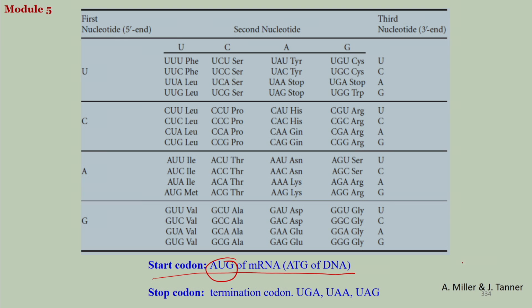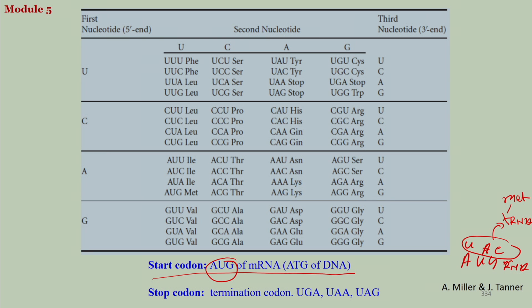So, AUG, this is the RNA, this is mRNA. Therefore, the tRNA will have the sequence of U, A, C. This should be the anticodon of the tRNA, and this tRNA would always carry a methionine, and this is called the start codon.